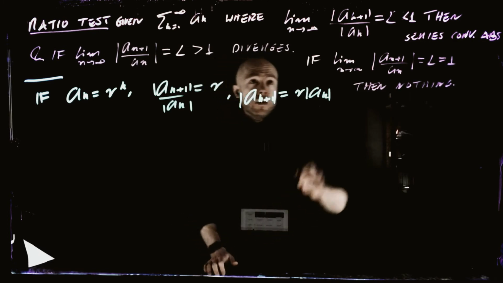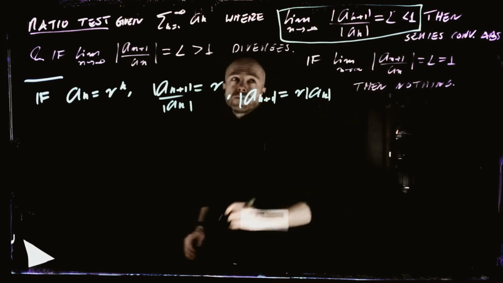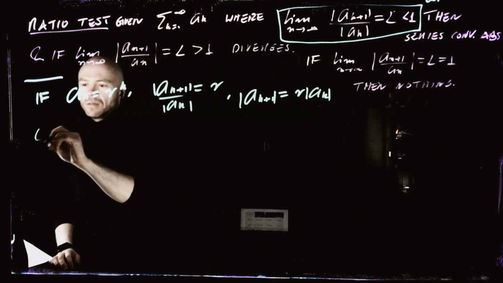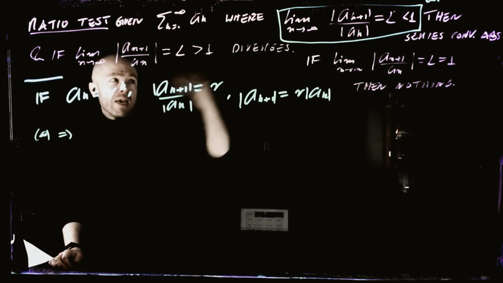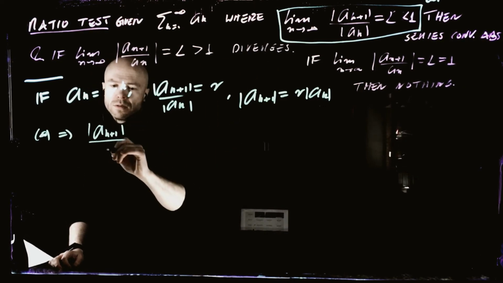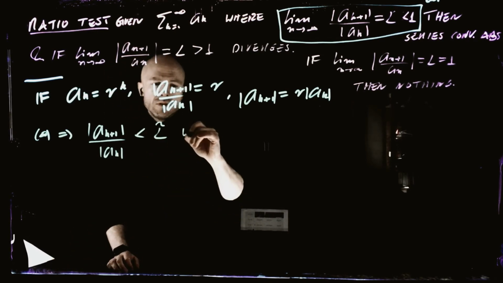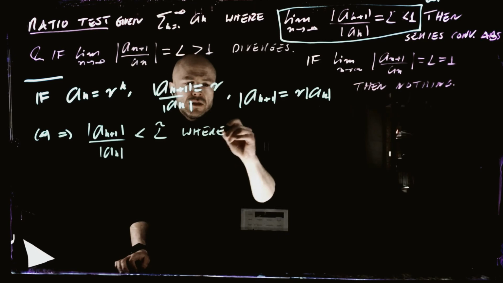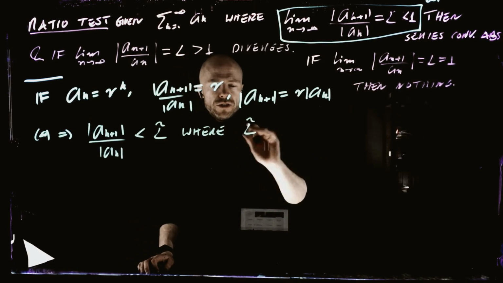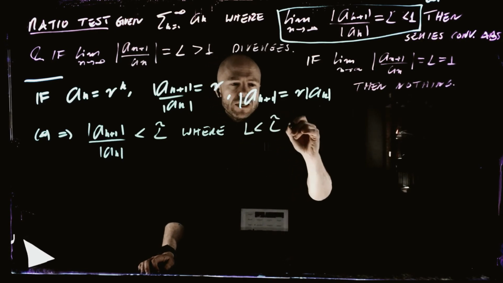It's just as good, because from this, the star implies that if we have large enough k, this is less than, say, L tilde, where L tilde is a number which is just a little bit bigger than L, but it's still less than 1.